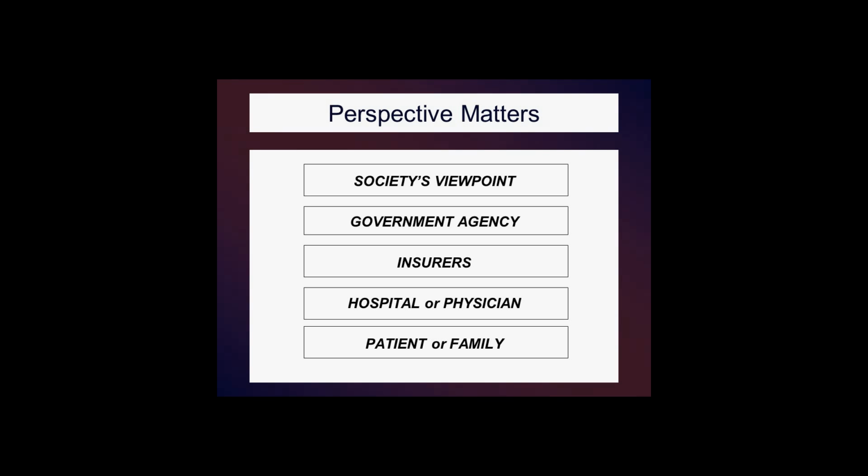Patients and families have another point of view. Do I care what it costs UAB to do my bypass surgery? Not really. I care what I have to pay out of pocket, right? I care about the time that I have to put into it. And here's where informal caregiving comes in.